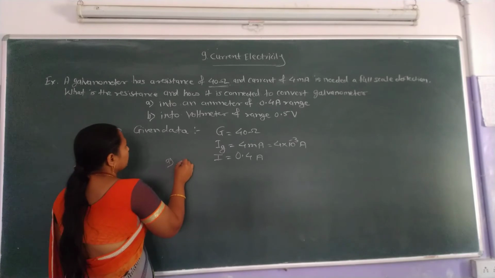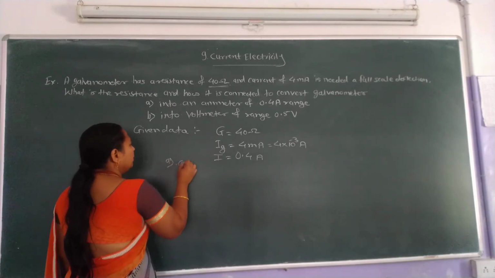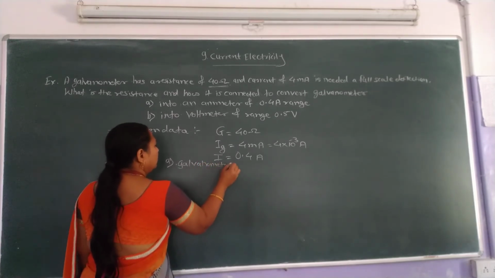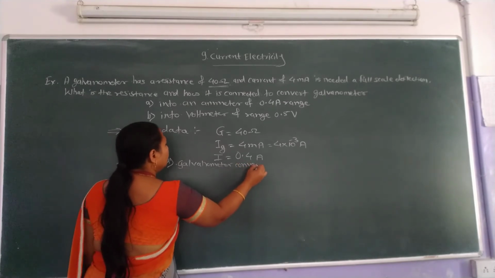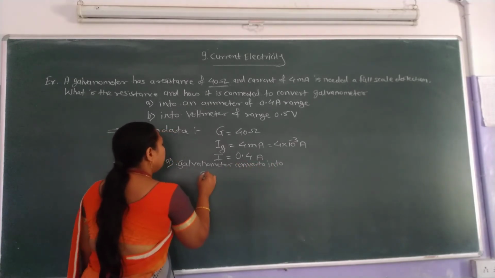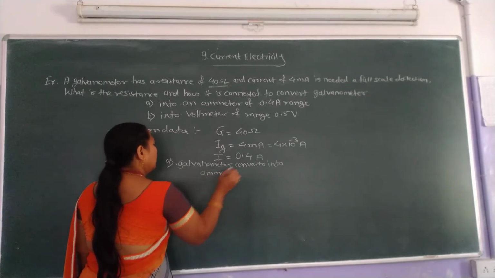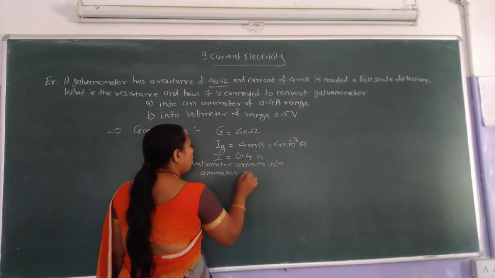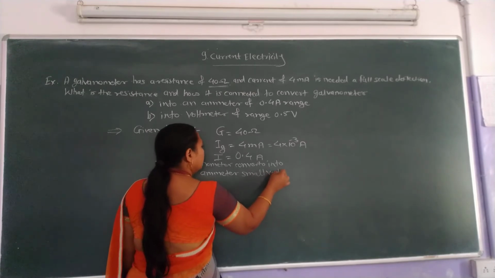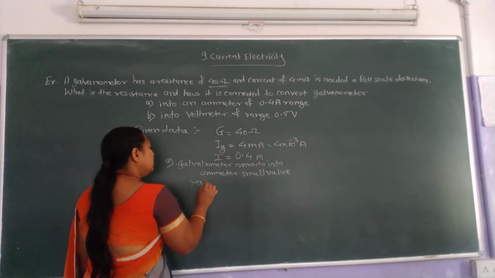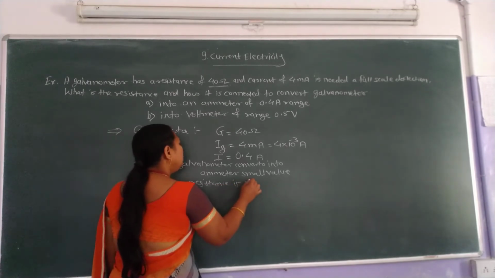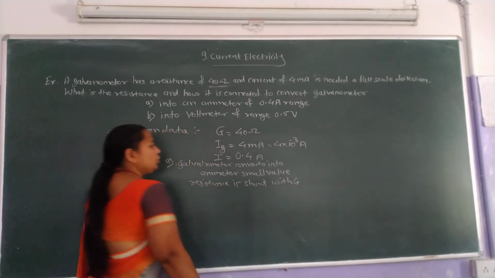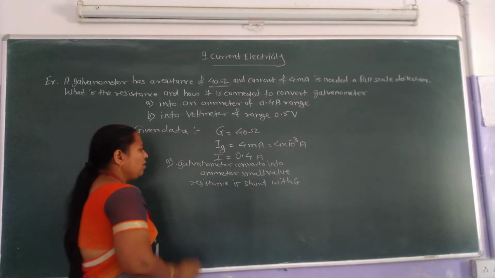A small value resistance is connected as a shunt with G, where G is the resistance of the galvanometer.